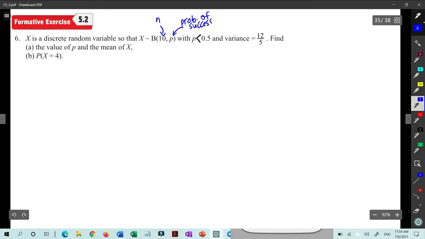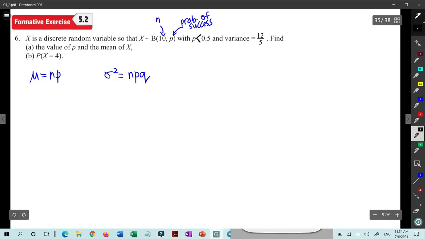We don't know what the value is, but it's less than 0.5, and the variance is 12 over 5. Find in section A the value of p and the mean of X. So we know that mu is equal to np, and variance is equal to npq.